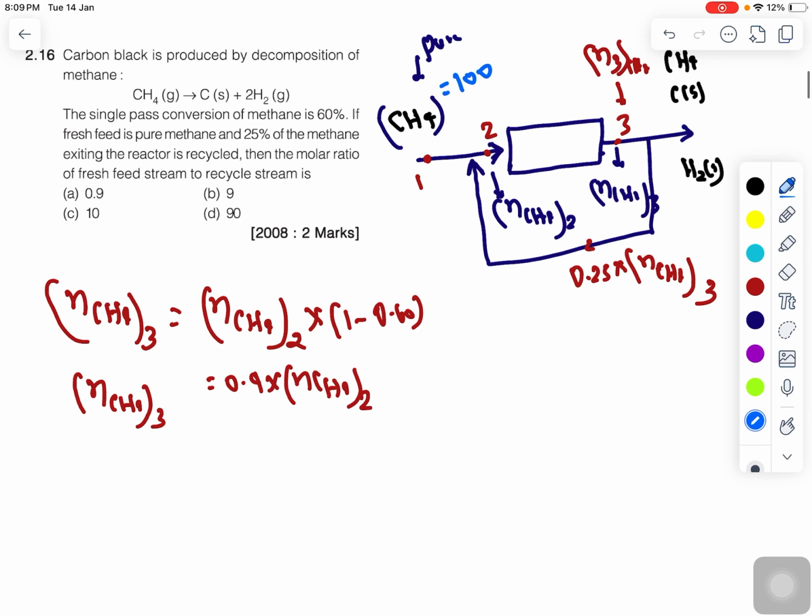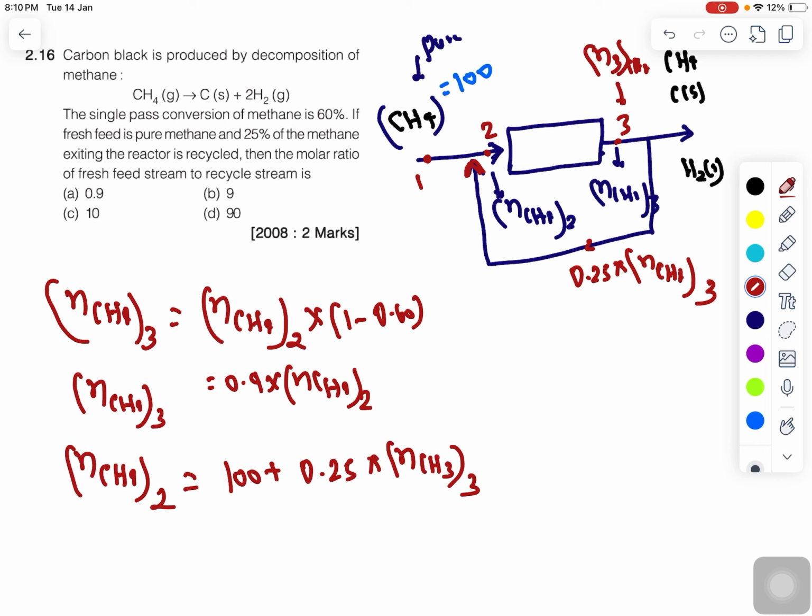One more thing: what is the number of moles of methane at point 2? The number of moles of methane CH4 at point 2 can be written as 100 plus the number of moles coming from the recycle stream, which equals 0.25 multiplied with the number of moles of CH4 at point 3. Is that clear?